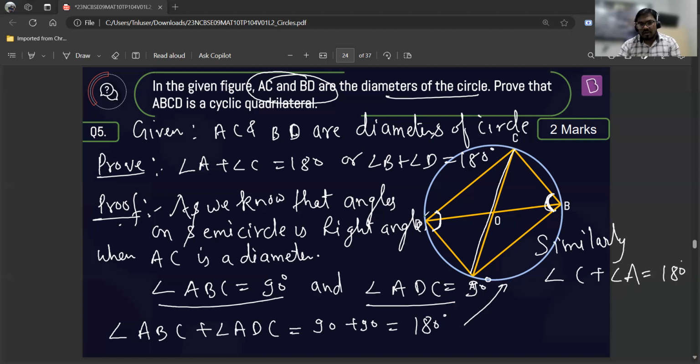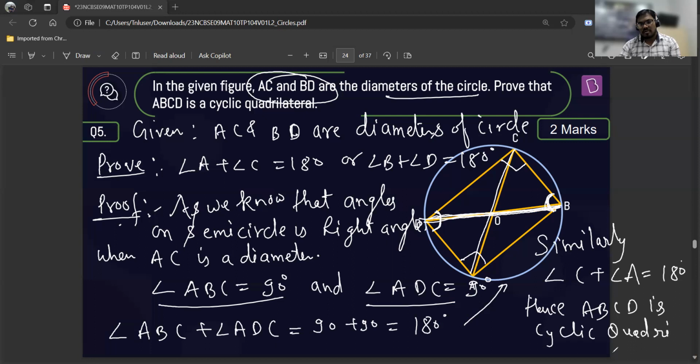How will we prove it? We are taking, secondly, BD as diameter. If BD is diameter, this angle is 90, this angle is 90 simply. So in short, hence we can say that ABCD is a cyclic quadrilateral, right?